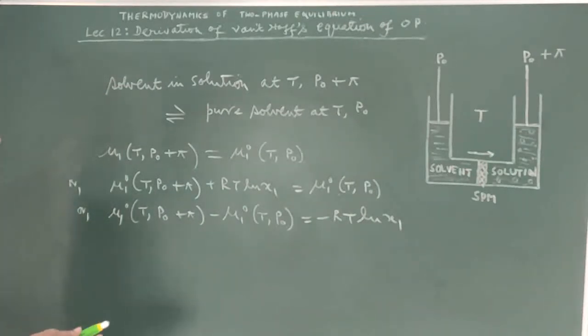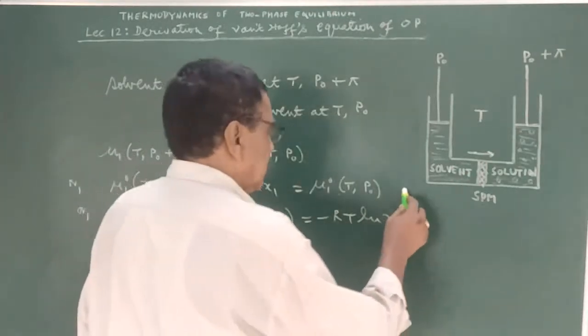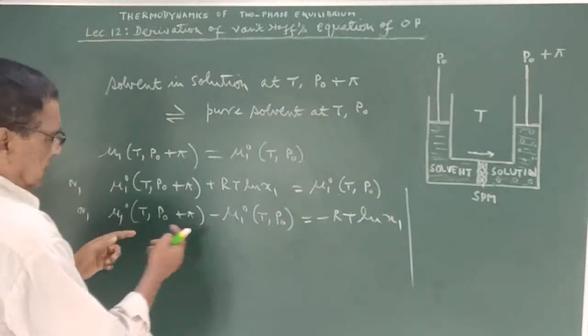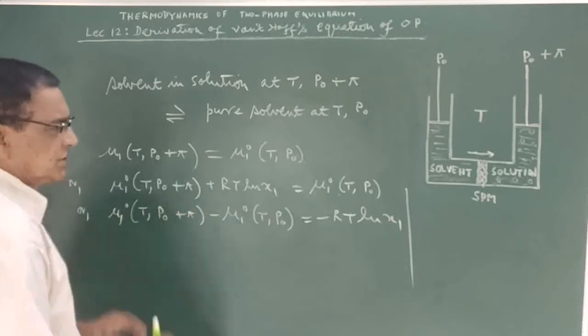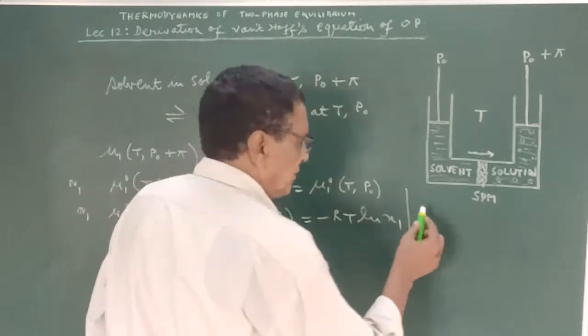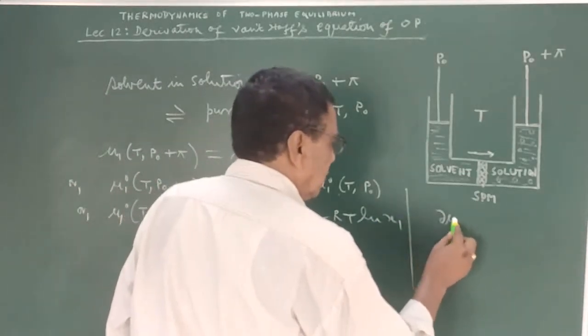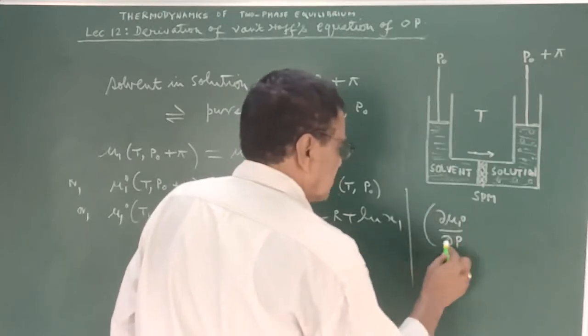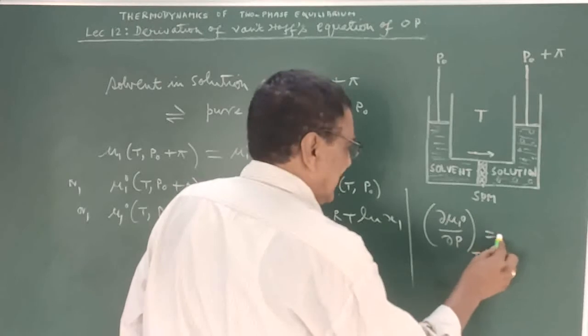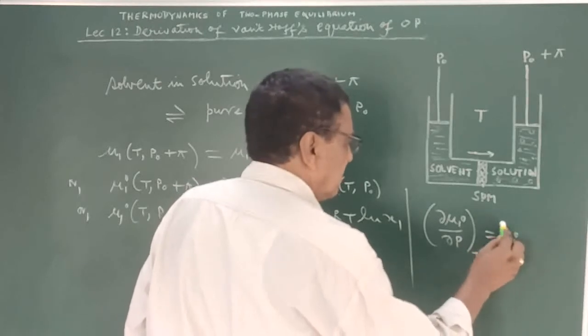So we know if we connect this one, if we try to calculate this difference between these two, then we have to take del mu1 naught by del P at a constant temperature, which is equal to V1 naught bar.